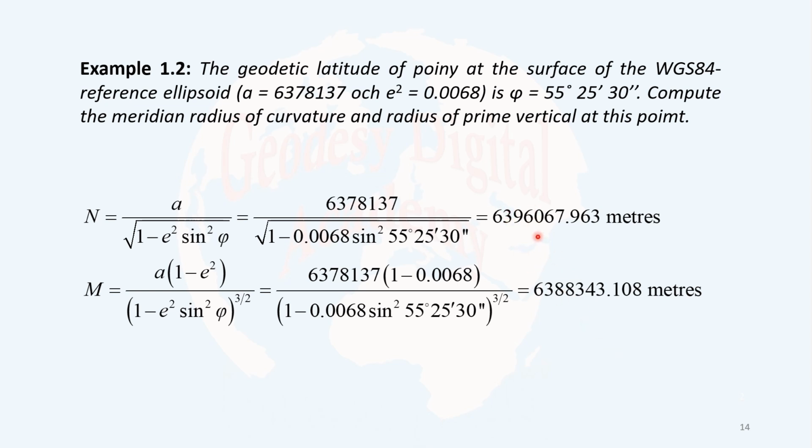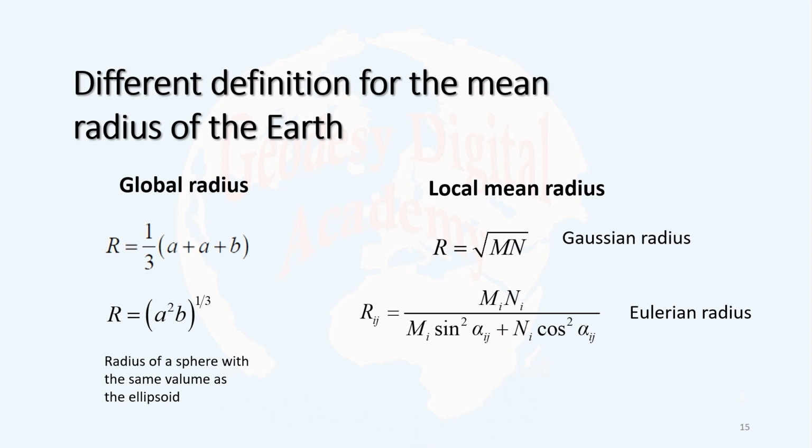So we have seen that the radius of curvature is changing from one point to another at the surface of the ellipsoid. But the question is, how can we find one radius for points all over the globe? As we see here, we have the global radius and the local mean radius. The global is simple because it is not a function of any points.